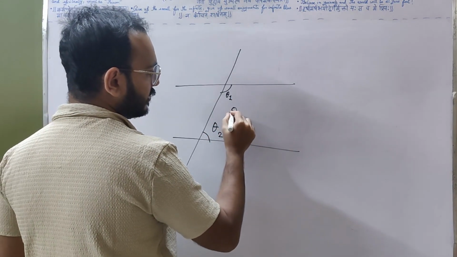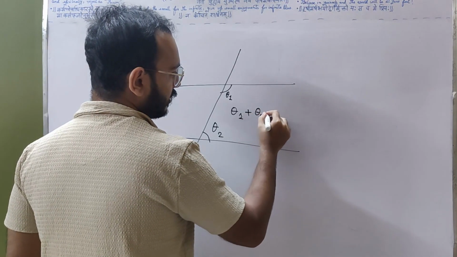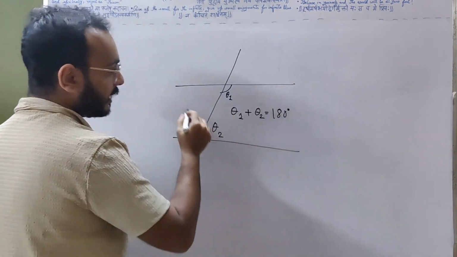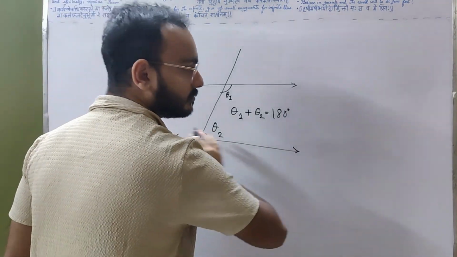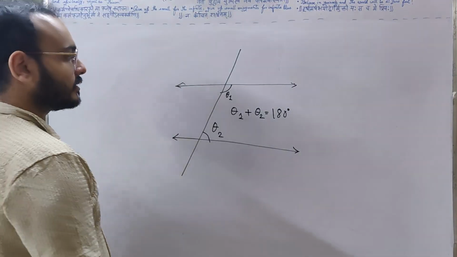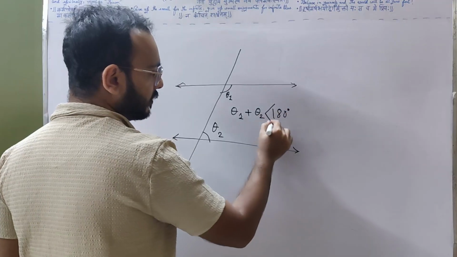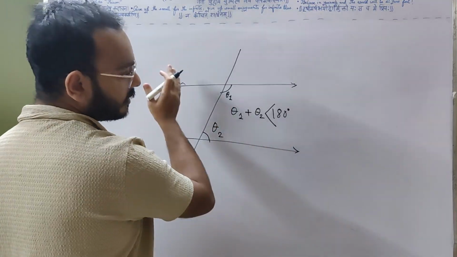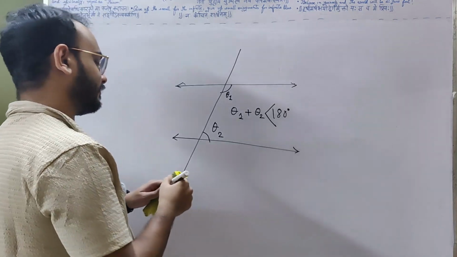If the sum of the interior angles theta 1 and theta 2 equals 180 degrees, then these lines remain parallel. They continue to be parallel lines, right? But if they are somehow less than 180 degrees, then these lines will converge at a point somewhere, right?